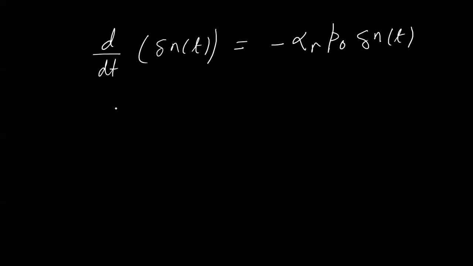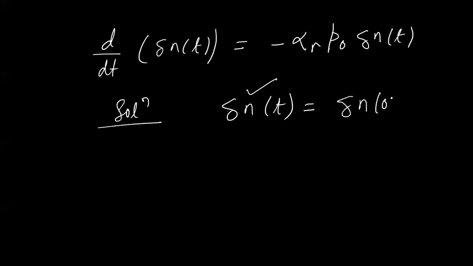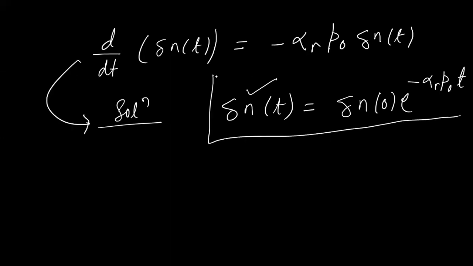So the solution of this differential equation can be written in this form: delta n(t), the excess carrier concentration as a function of time at any time t, can be written as some initial concentration delta n0, where t is equal to 0, e to the power minus alpha r p0, that constant, and then you have this t. So it's an exponential decay function.